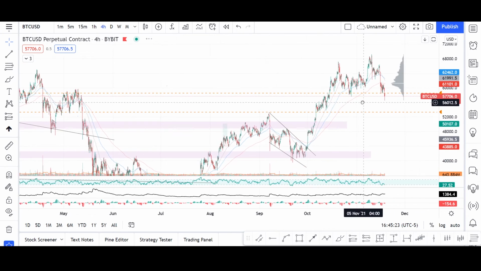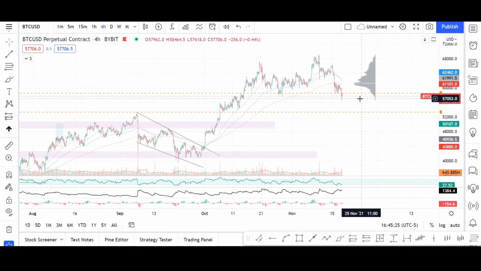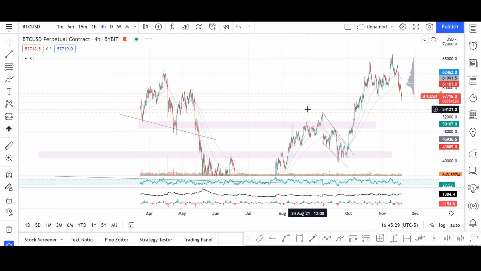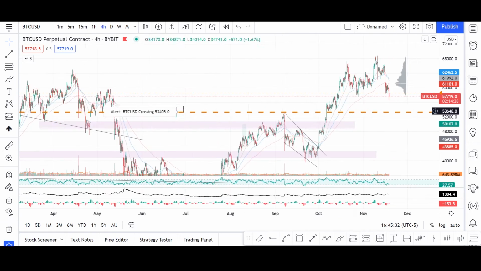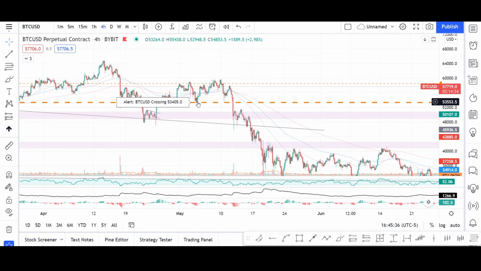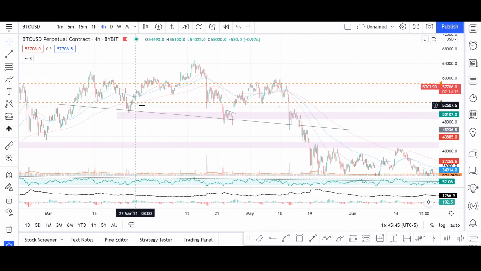So another resistance, or rather another support in this case, is just at the bottoms of the 4th of May and also the 29th of April. That has also been a kind of support here in the second half of April.